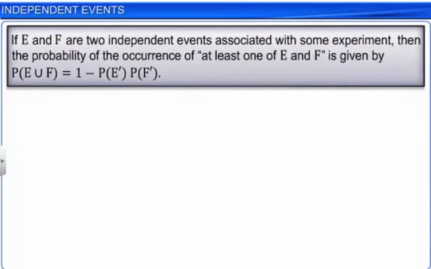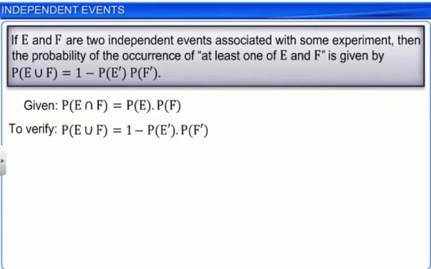It is given that E and F are independent events, and therefore the probability of E intersection F is equal to the probability of E into the probability of F. We have to show that the probability of E union F is equal to 1 minus the probability of E complement into the probability of F complement.